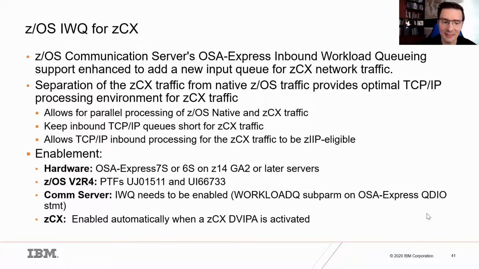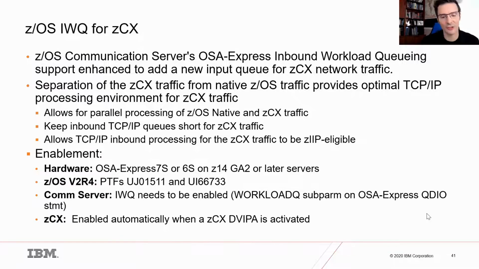So what do I need to enable this? I need, first of all, an OSA-Express 7S or 6S, and this will run on a z14 GA2 or higher. You need z/OS 2.4 with a couple of PTFs installed. From a Communications Server perspective, I actually need to enable IWQ. If you already have IWQ enabled, there is really nothing else you need to do from a configuration perspective.